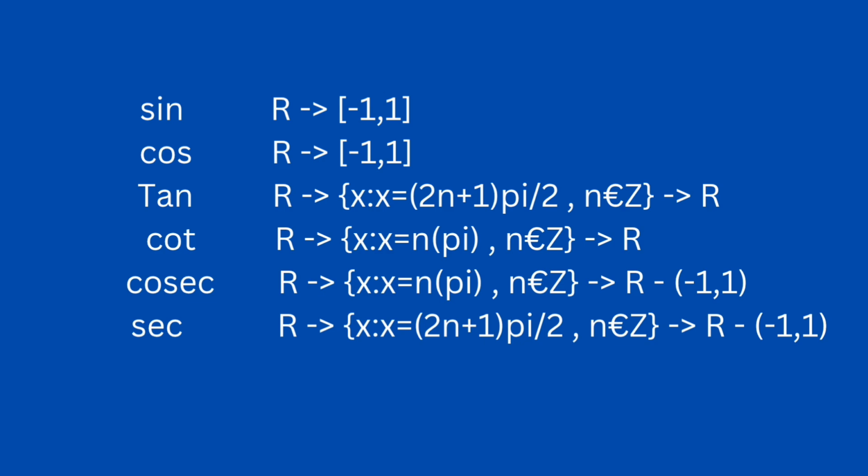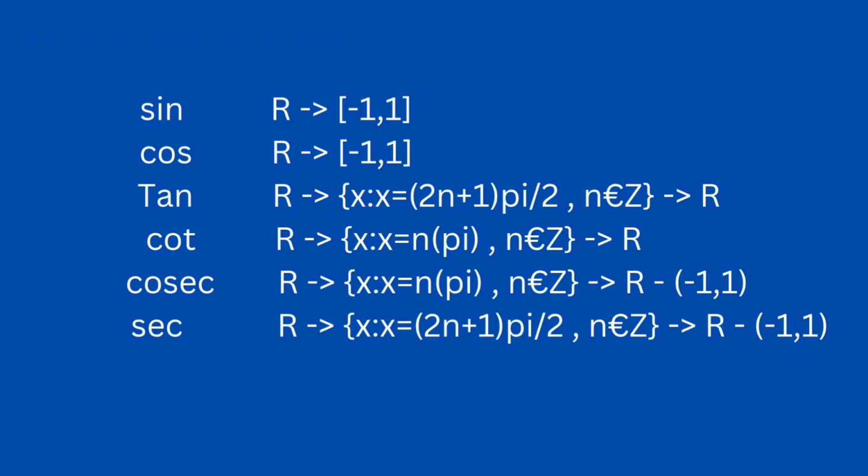For tan it is x not equal to (2n+1) times pi by 2, where n is an integer. Similarly for cot it is x not equal to n pi, again n is an integer. Similarly for cosecant it is x not equal to n pi, and for secant it is x not equal to (2n+1) times pi by 2.